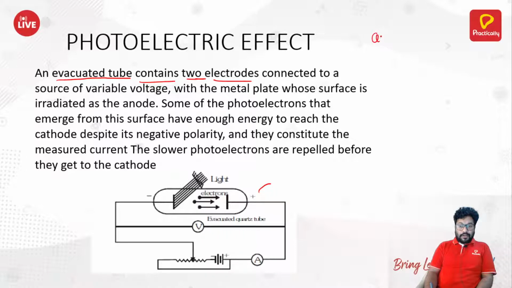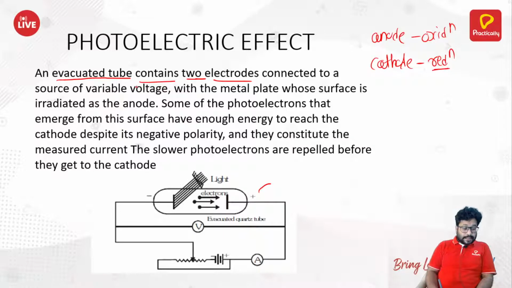At the anode, oxidation happens; at the cathode, reduction happens. Oxidation means the system loses electrons at the anode, so the anode is positively charged and the cathode is negatively charged.